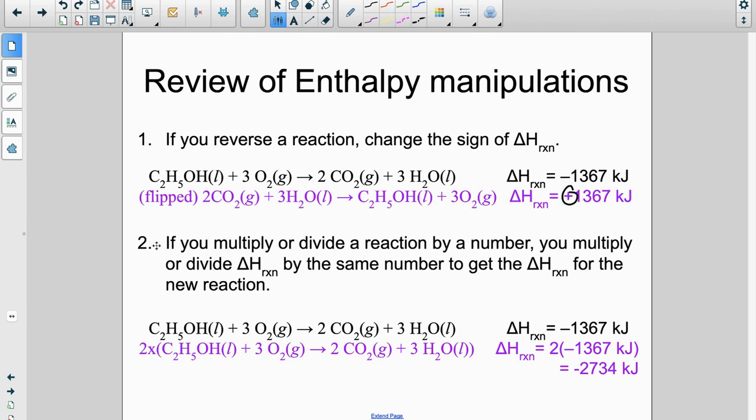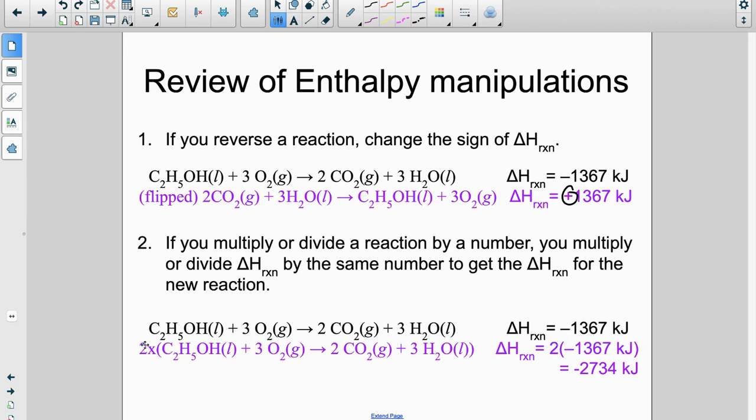And then the second manipulation is if we divide or multiply a reaction by some number or a factor, you multiply or divide delta H of the reaction by the same number to get the new delta H for the new reaction.